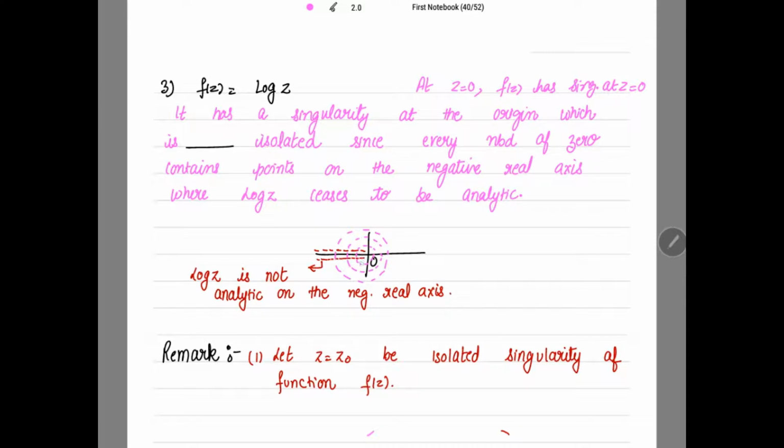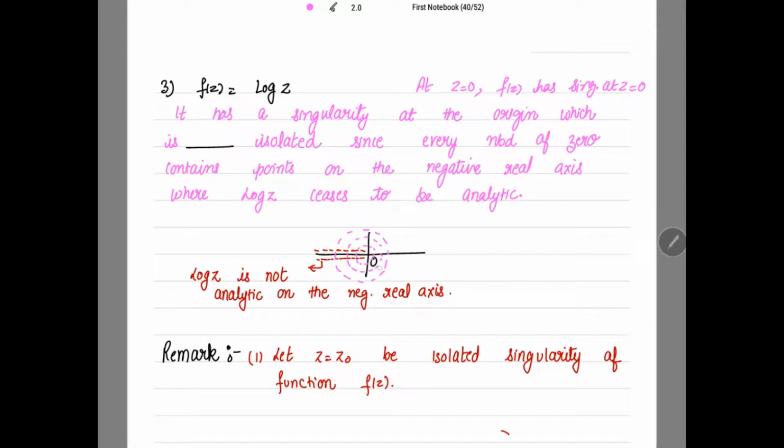But what we have said in the definition of an isolated singularity is that 0 is an isolated singularity if the function is analytic at all the points of the neighborhood. But here the function is not analytic on the negative real axis. So the definition is not satisfied. Hence, 0 is not an isolated singularity.